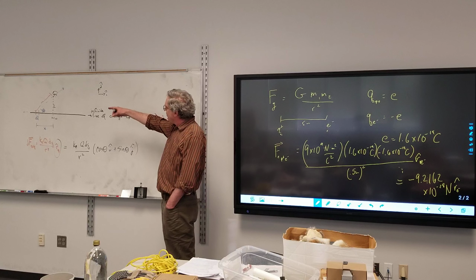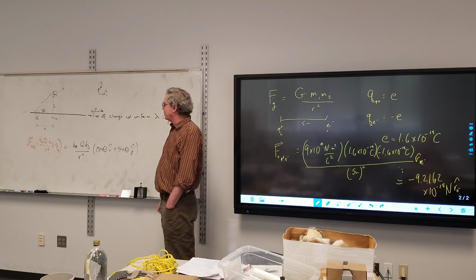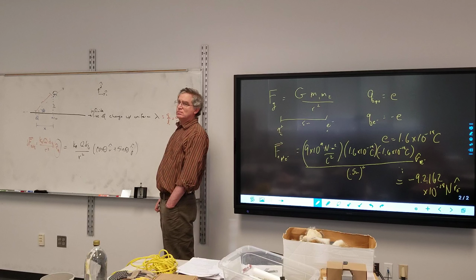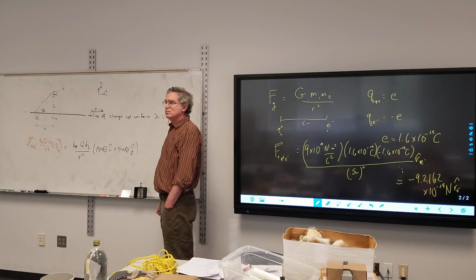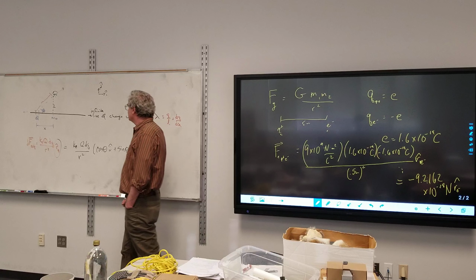So I have this triangle there, the hypotenuse is r, the far side is L, and the bottom side is x. What is the cosine of theta? x over the distance between dl and Q. Okay.